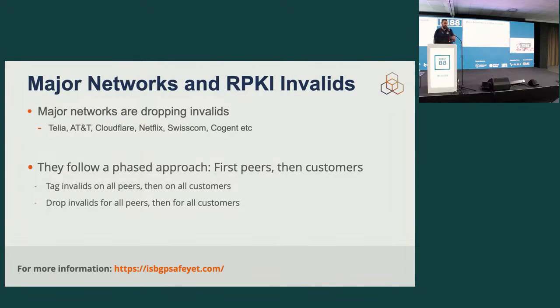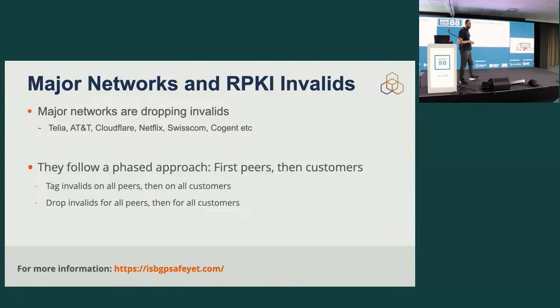And according to them, they follow a phased approach. So first they started with their peers before rolling it out to the customers. At the end of the day, you don't want to start testing stuff with your customers who are paying you. So what they did is that they started tagging the invalids for all their peers and then for all their customers, and then they started dropping the invalids for the peers and then for all their customers.